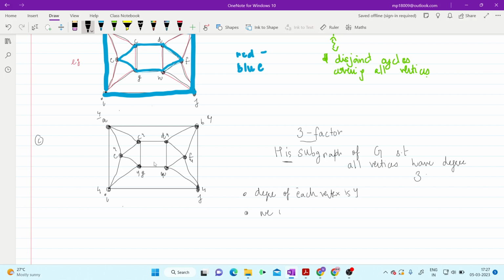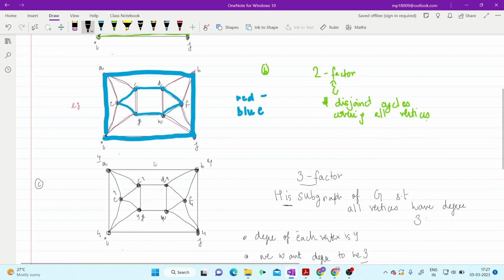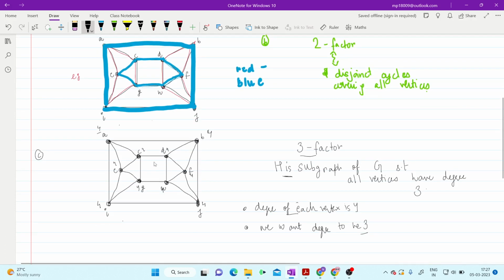We want degree to be 3. Yes, in this graph we can do so. Each vertex has degree 4, and we want degree 3.